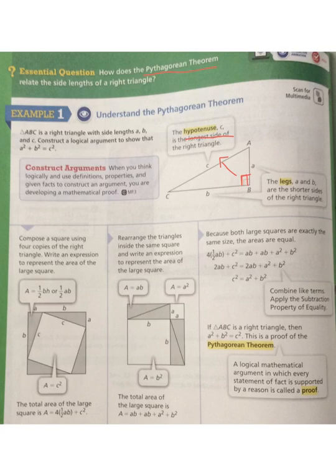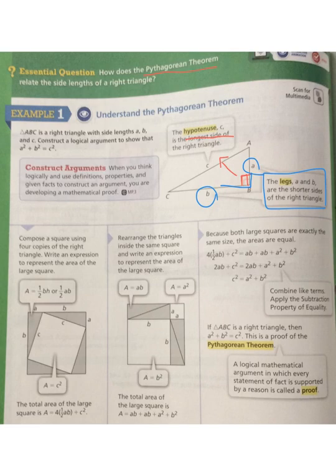The other two sides are our shorter sides, A and B, and they're going to form that right angle. They're kind of touching and meeting together to form that right angle, and they are the shorter sides called legs. So A and B we call legs, and C we call the hypotenuse.